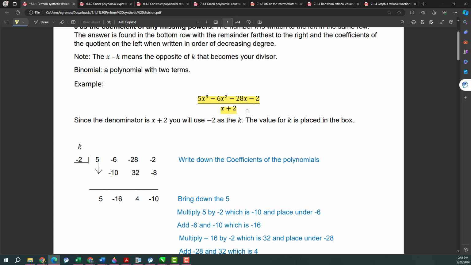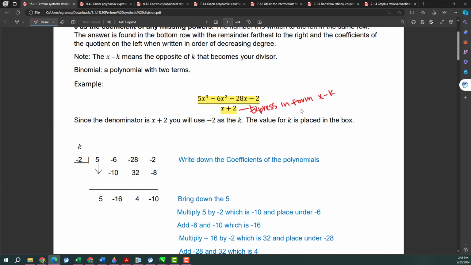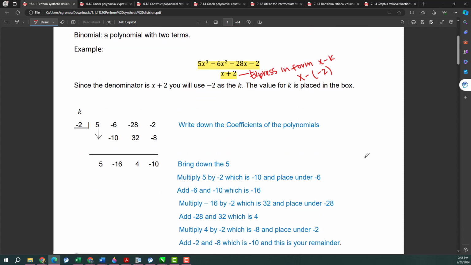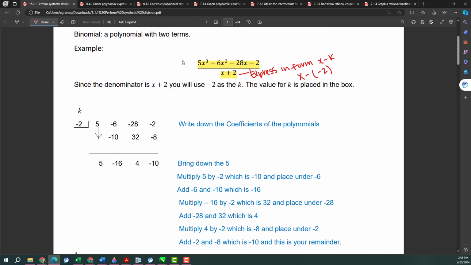Now, since we need it to be in the form x minus k, then we would need to do x minus, and our k in this one would be -2. So we are going to be dividing by -2 for k. So this example does show you're basically going to just use your numbers 5, -6, -28, and -2, and we are dividing by -2.